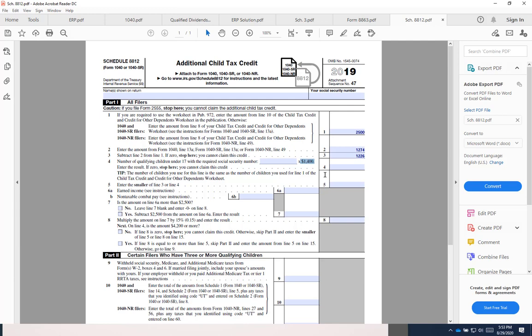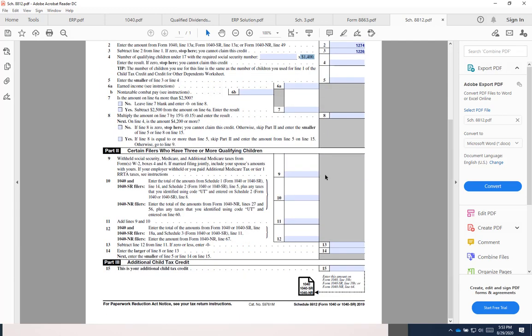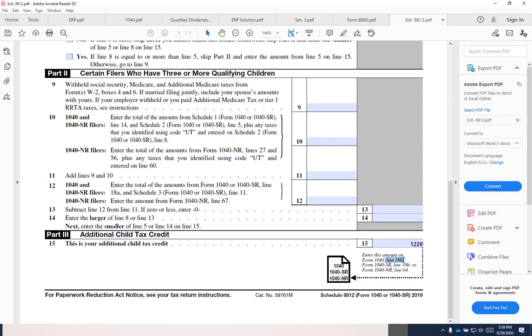Please go through it and you determine that the amount of additional child tax credit will be $1,226. So the remainder of the balance, $1,226, does qualify for additional child tax credit. Report here and on line 18B of Form 1040.